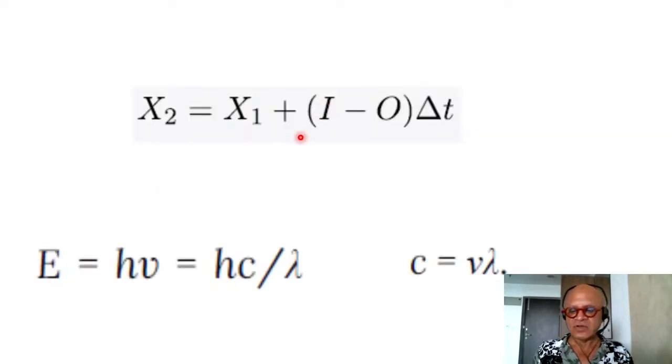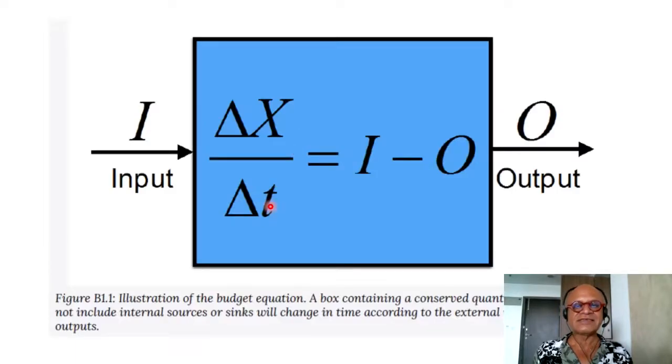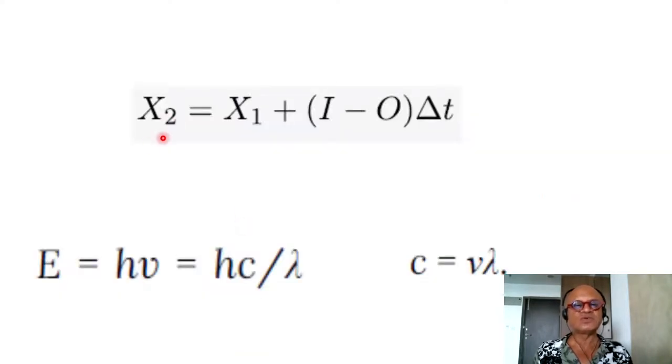Okay, so you can also write delta x over delta t as x2 minus x1 divided by t2 minus t1, in which case you can write x2 equals x1 at time t0, let's say, plus input minus output times delta t. So you can do many simple calculations for this. If you're starting at the beginning of the Industrial Revolution, x1, let's say, would be your concentration of atmospheric CO2, which was at 280 ppm.